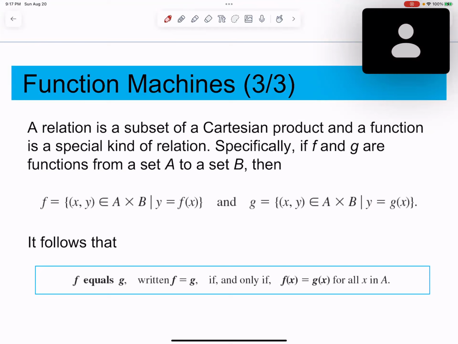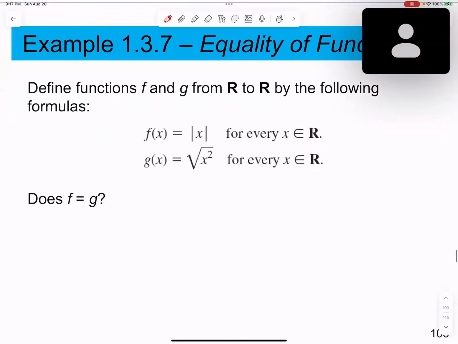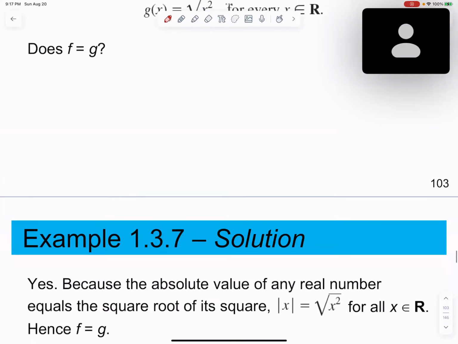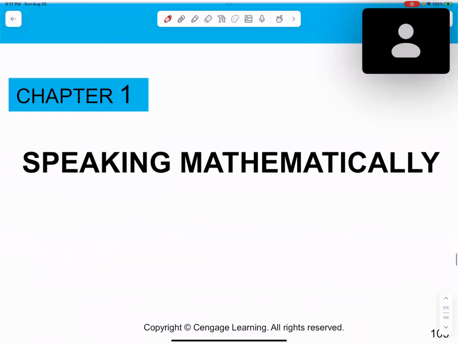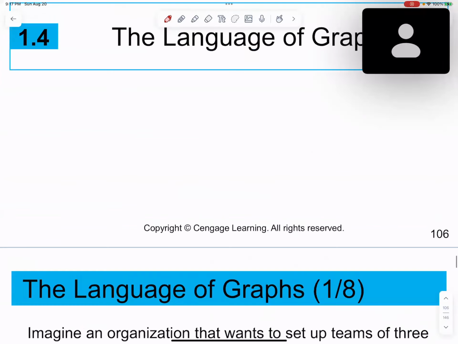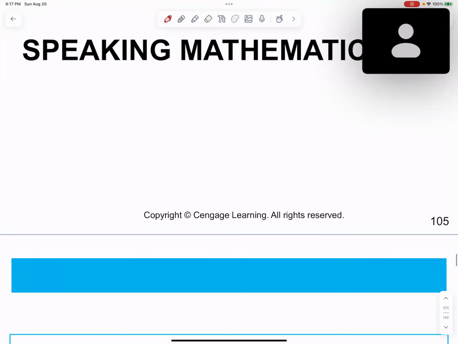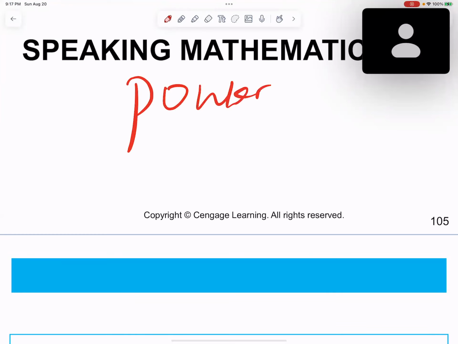A relation is a subset of a Cartesian product, while a function is a special kind of relation. Okay. Then let me talk about power set as the last thing for today.